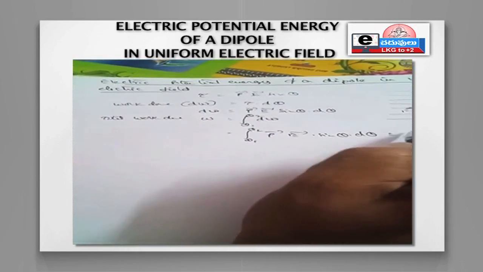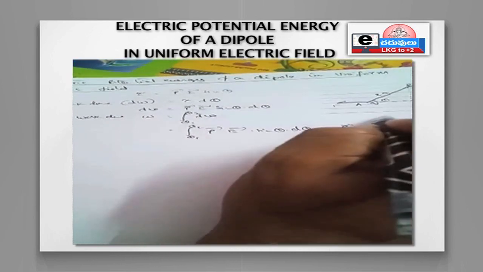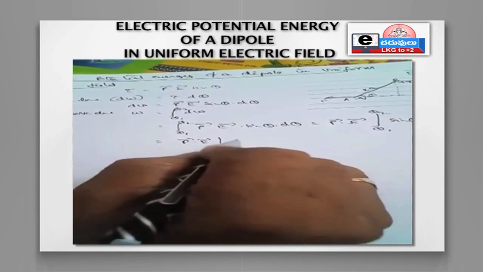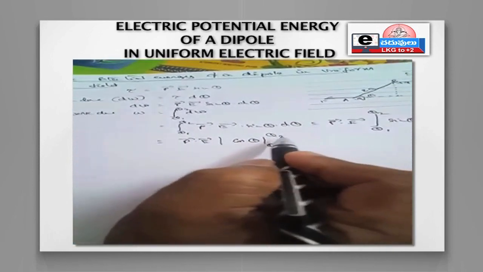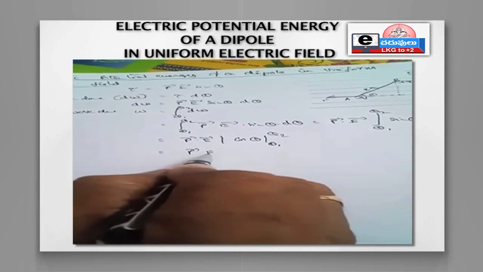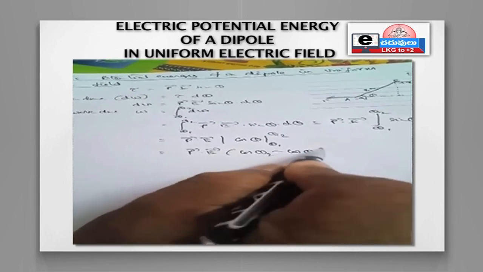PE I will take outside, then it is the integral of just sin theta d theta. The integration of sin theta is minus cos theta, therefore PE times cos theta between the limits theta 1 and theta 2. We substitute the upper limit first and then the lower limit, so it will be cos theta 2 minus cos theta 1.